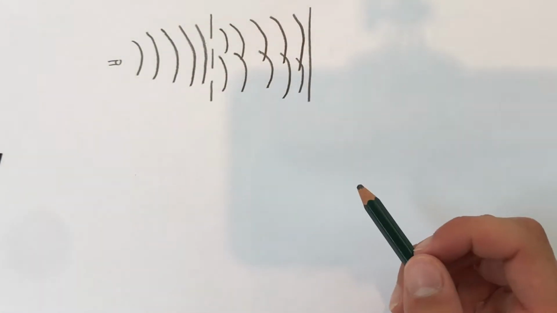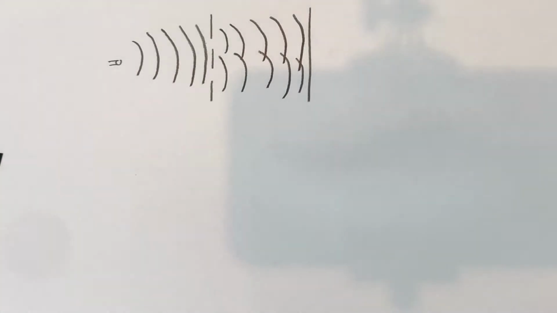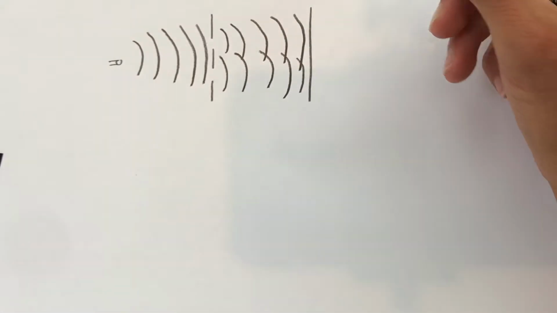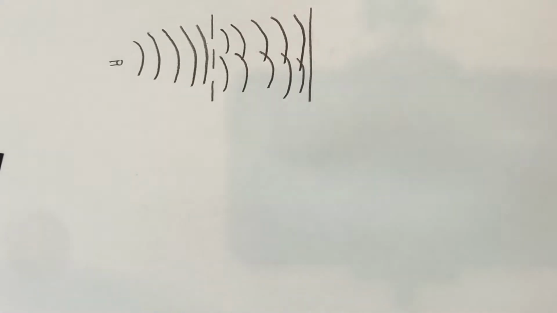If two high points of a wave meet, they combine and create a bigger high point. It's called creation. And if two low points meet, they will annihilate each other and create destructive interference. So it's constructive and destructive interference.